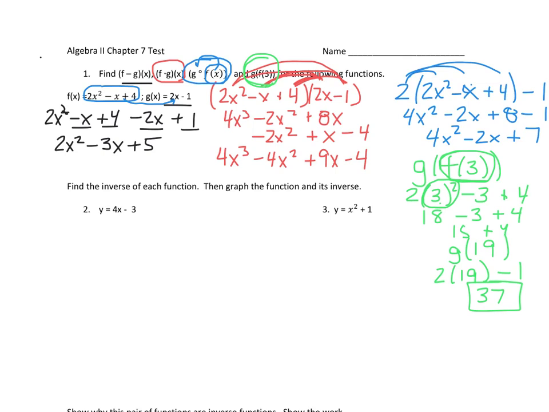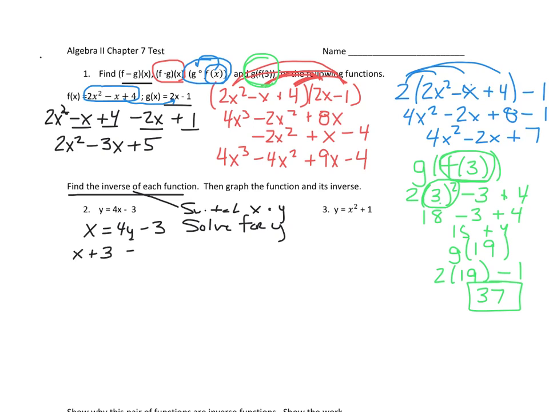Okay, the next type of problem is to find the inverse of each function. If you're going to find the inverse of each function, you're going to use 2 steps. You are going to switch x and y, and then you're going to solve for y. In this first example, switch x and y, and then solving for y, I would add 3 to both sides, and then I would divide by 4.